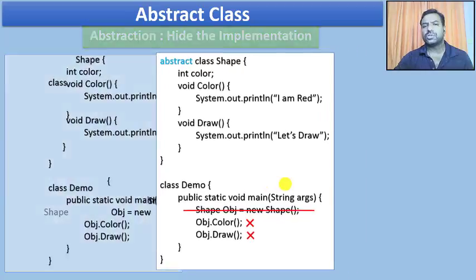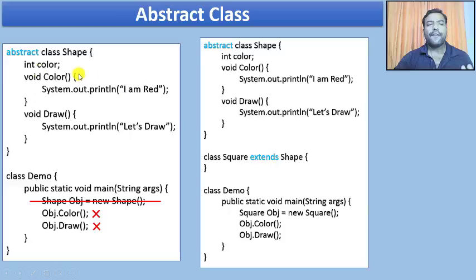Now what is the use? What is the use if I have an abstract class and I am not going to create an object? If there is no object, I cannot make use of the color method, the draw method, or the color variable. You cannot use this at this point of time.